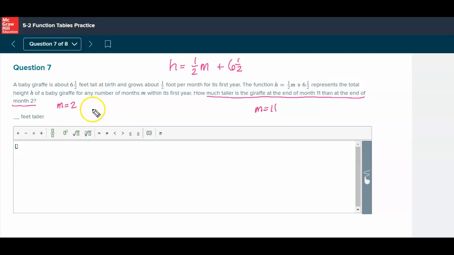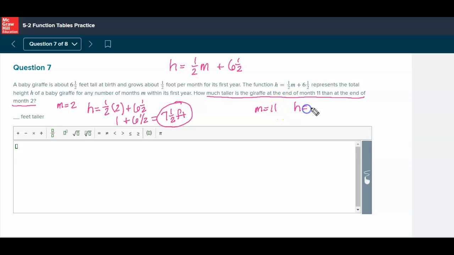All right, so for 2, we would have height is equal to 1/2 times 2 plus 6.5. Well, half of 2 is 1. 1 plus 6.5 is 7.5. So the baby giraffe would be 7.5 feet tall after 2 months. How tall would he be after 11 months?